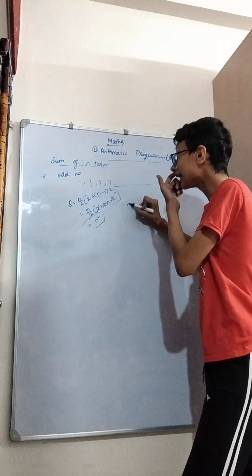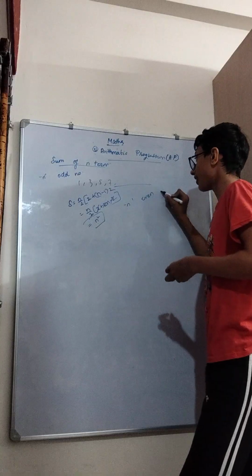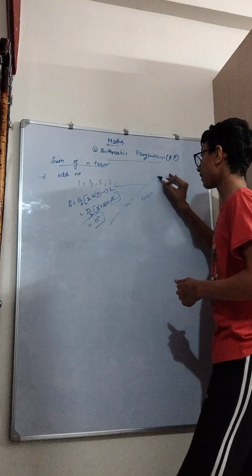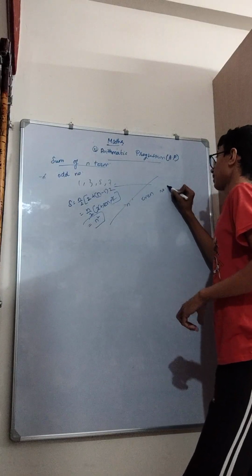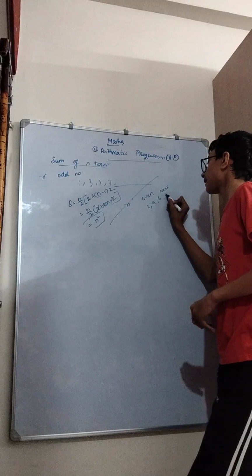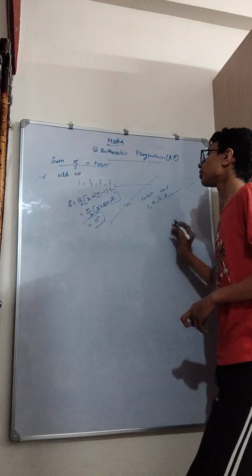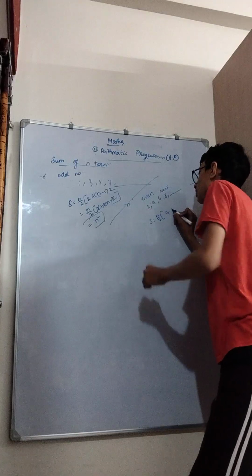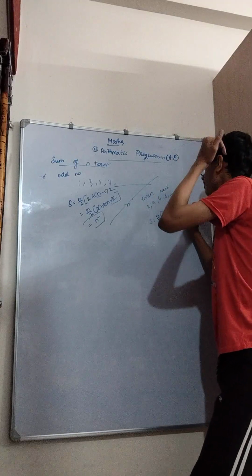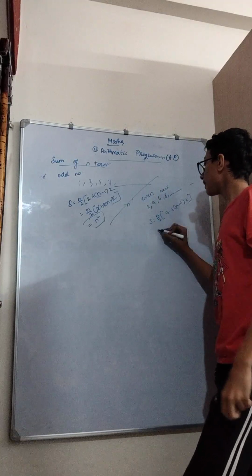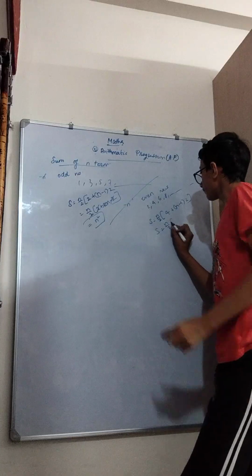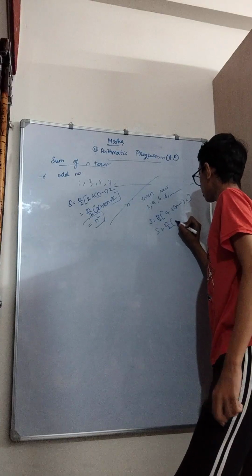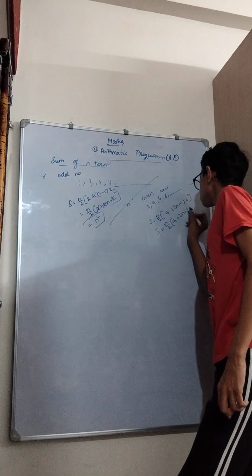Next one, n even numbers. For n even numbers, this is different. So this would be 2, 4, 6, 8, 10 and so on. So S_n is equal to n by 2 into (2 into 2, 4, plus (n minus 1) into 2).